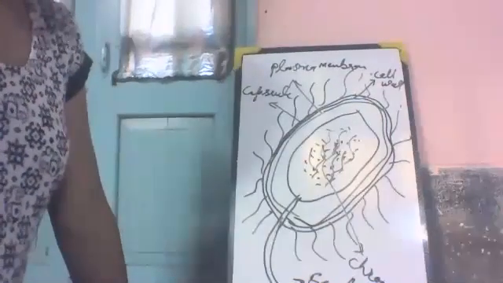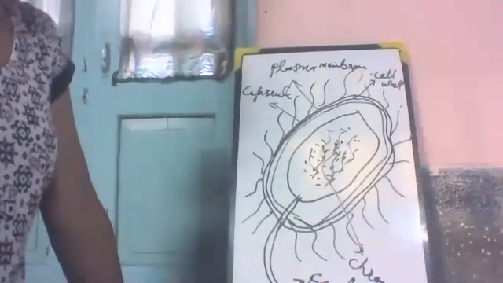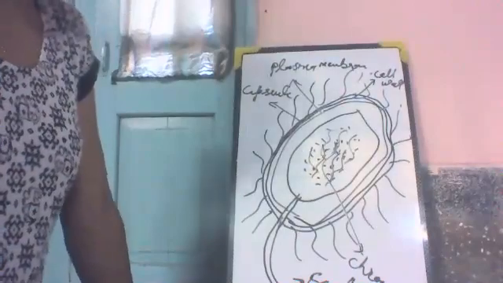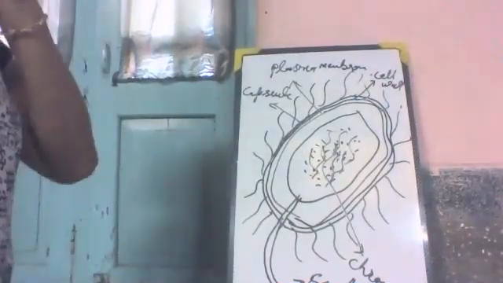Now, what about the nutrition, respiration, and reproduction of the bacteria? Some bacteria are autotrophic and some are heterotrophic. Autotrophic means they produce their own food by photosynthesis, because some bacteria have chlorophyll.